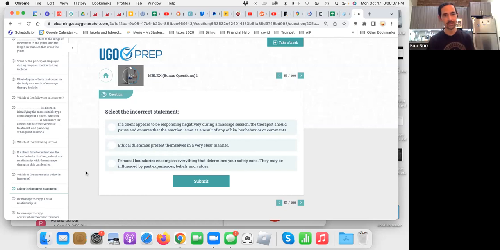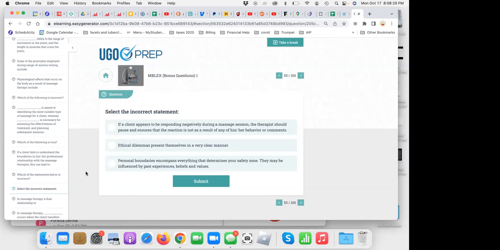So sometimes they don't present in a manner that's clear. So an ethical dilemma presents itself in a very clear manner. Correct or incorrect? Correct.